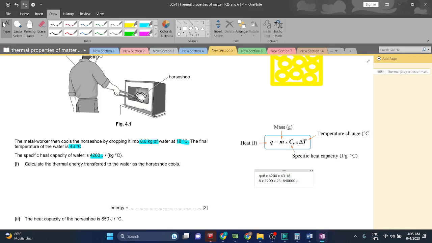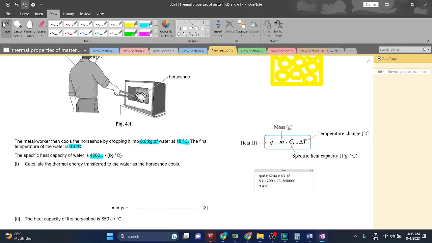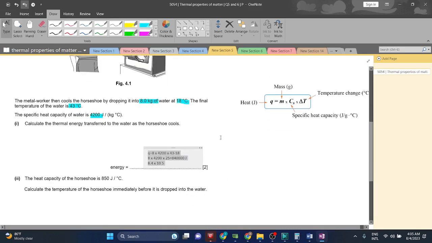That will translate to 8.4 into 10 raised to the power of 5. So that is the energy transferred to the water as the horseshoe cools.